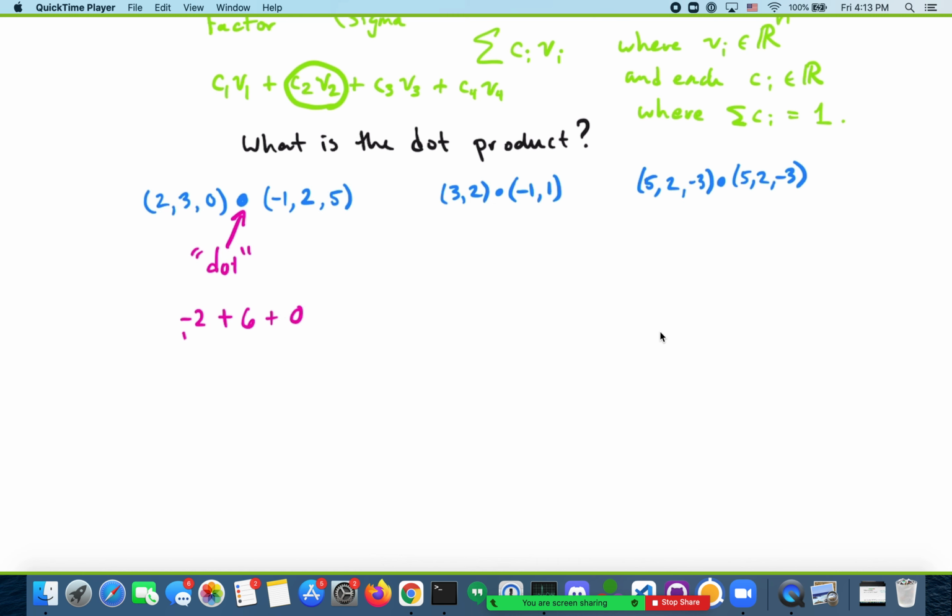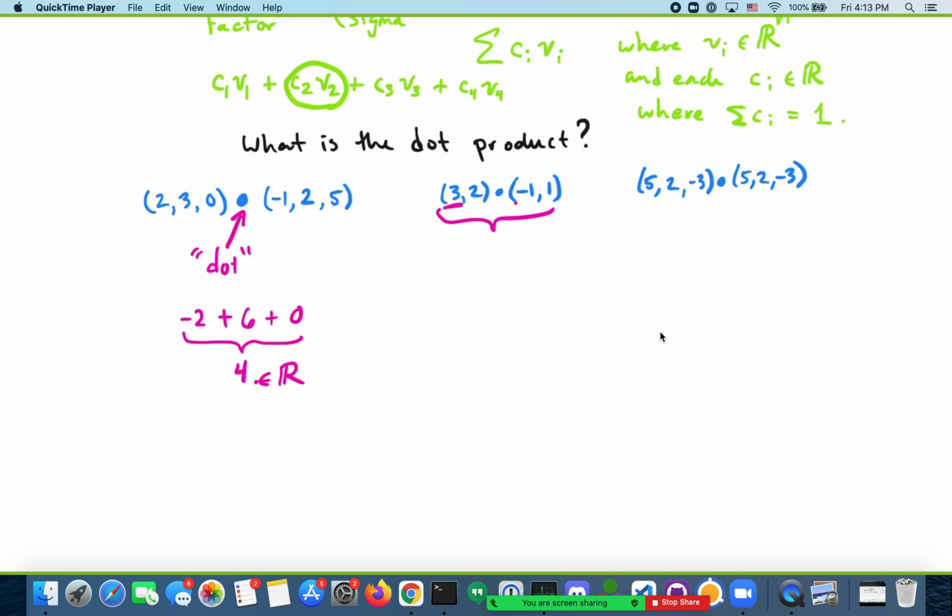Okay, so what do I get? This is 4. So the dot product of these two vectors is 4, which, by the way, is a real number. So we had a vector in R3 and a vector in R3, and they dotted to give a real number.